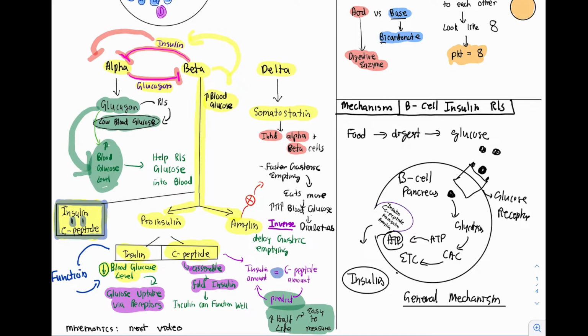Now, amylin. The function of amylin is that it delays gastric emptying. And there's a problem. When there's no amylin, what do you think will happen? There will be faster gastric emptying.